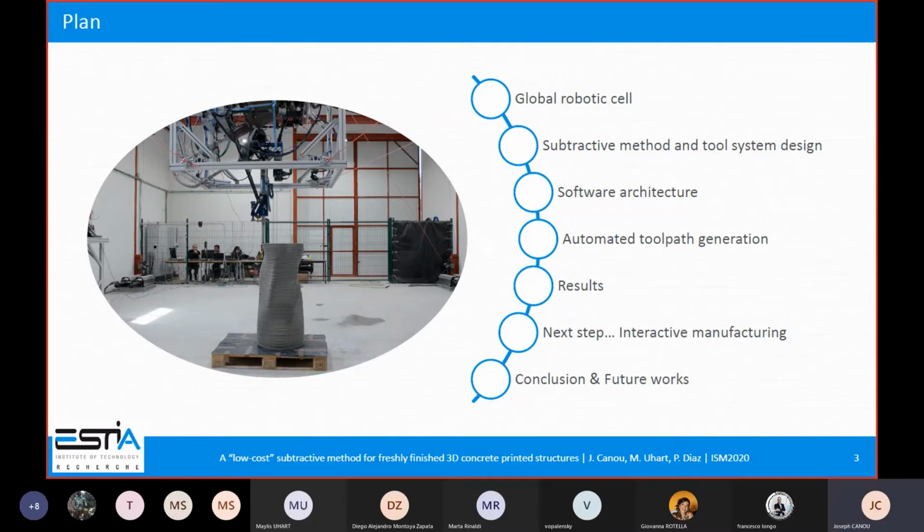And also maybe something for me at least is maybe the most important thing, the next steps, what we could do using this subtractive method. And what we could do is, I think, something like interactive manufacturing. And then I will conclude and present next work we are going to do.